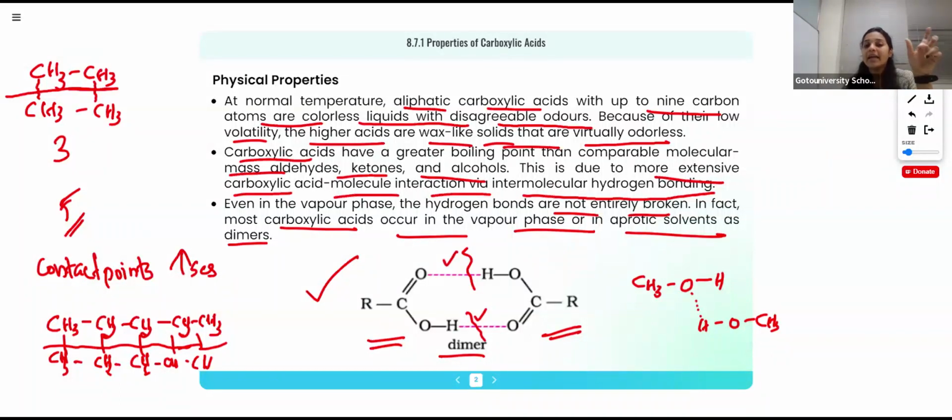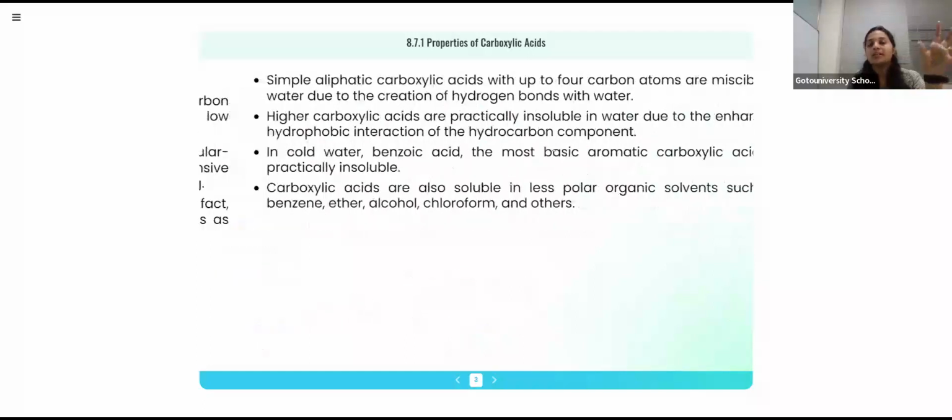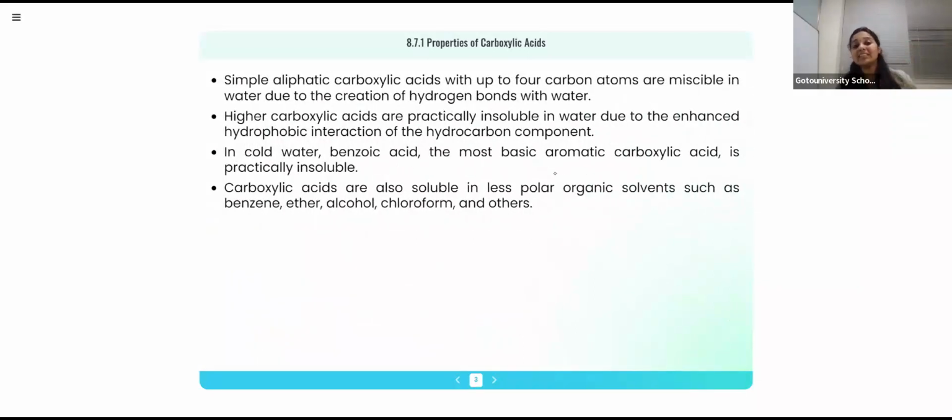That's why they are existing in stable form. So normally all the molecules form one hydrogen bond, but in the carboxylic acid it is more extensive. They can form two hydrogen bonds at a time. That's why it is called extensive. That's why they are existing in dimeric form.